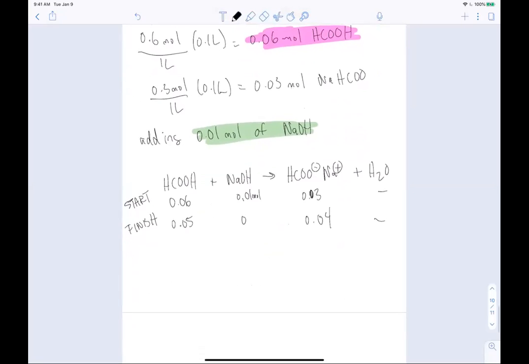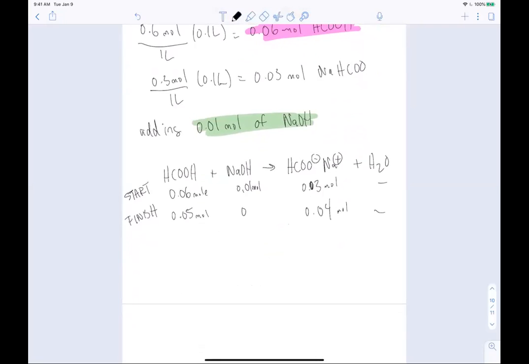So then this is all in moles. It's just easier for me to think in moles than in concentration, so that's why I back it out into moles. And now I just want to put everything back into concentrations. So my concentration, now that I've added 0.01 moles of sodium hydroxide, is just going to be equal to the amount of formic acid that I have divided by the volume.